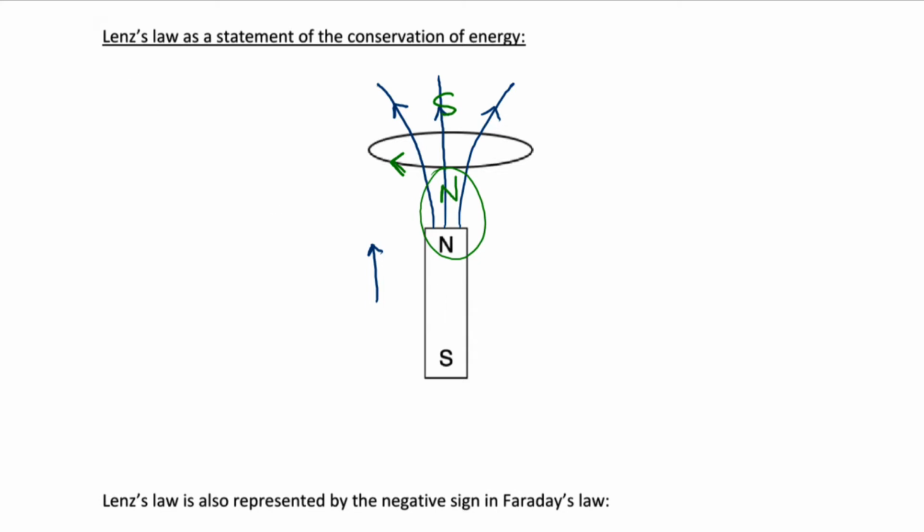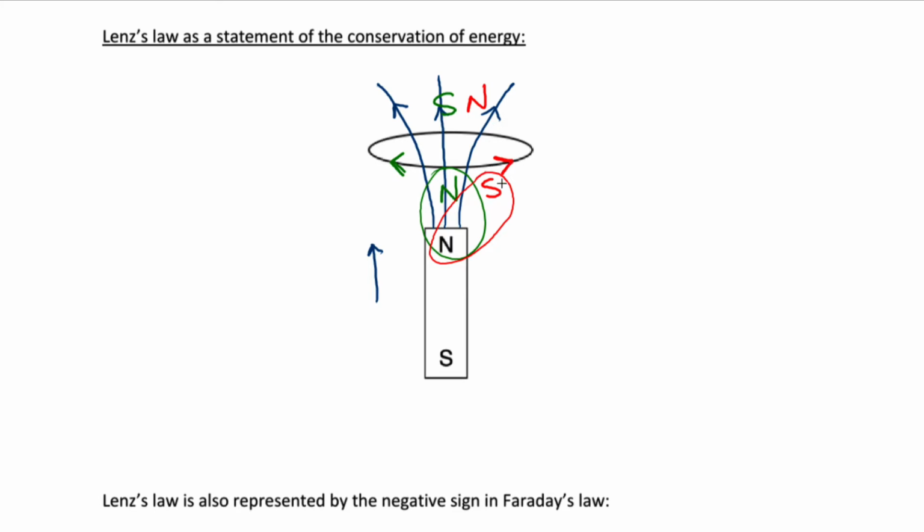Now let's imagine for a moment that that were not true. Imagine that the current were in fact going in that direction, making this the north pole and this the south pole. As you were to bring the magnet closer to the loop, you generate a south pole, and these would now attract each other. As they attract each other, the flux would change more quickly because the bar magnet would now be pulled in faster. A more rapidly changing flux would increase the current around this loop.